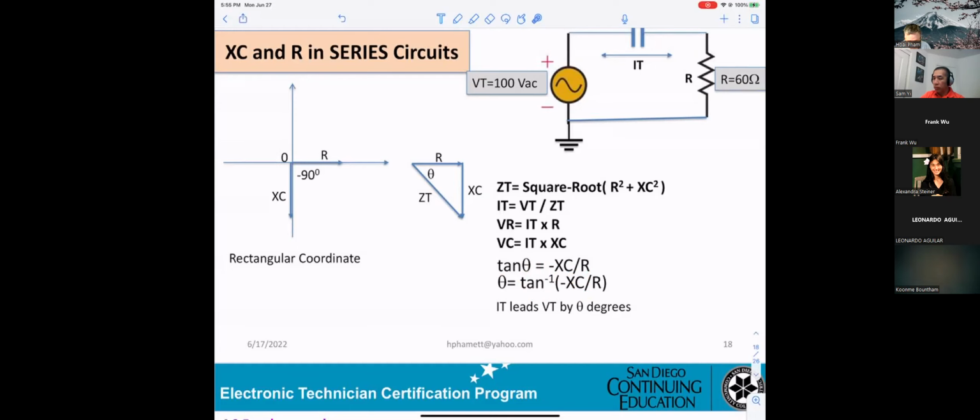We know IC leads VC by 90 degrees. However, one more thing we don't know. That means the total voltage and the total current are not in phase. So we calculate the phase difference between the total voltage and the total current. Okay, that tells you I total leads V total by whatever angle we get.